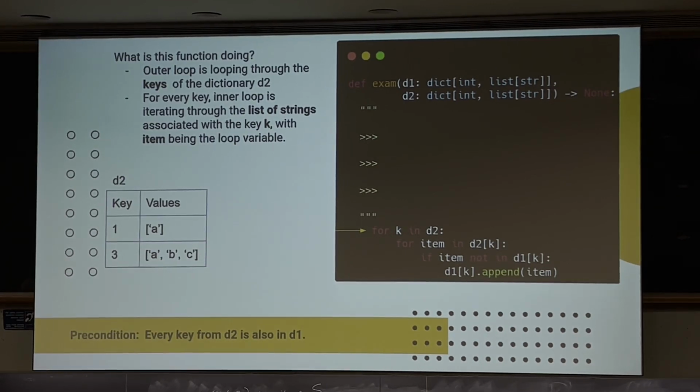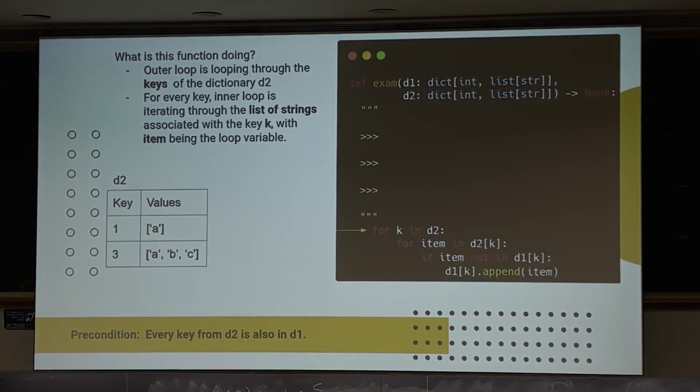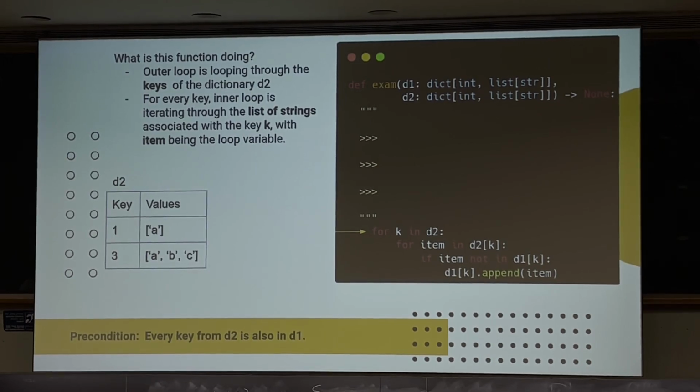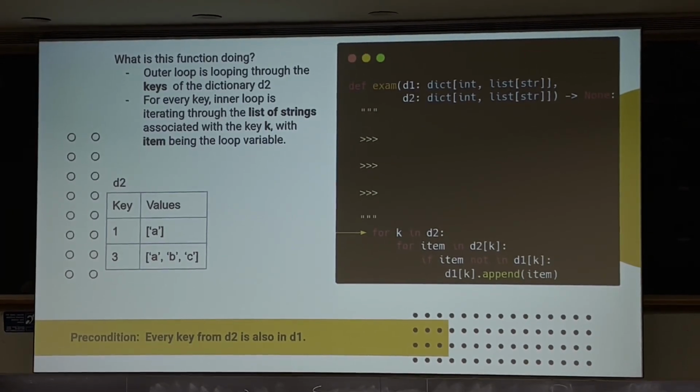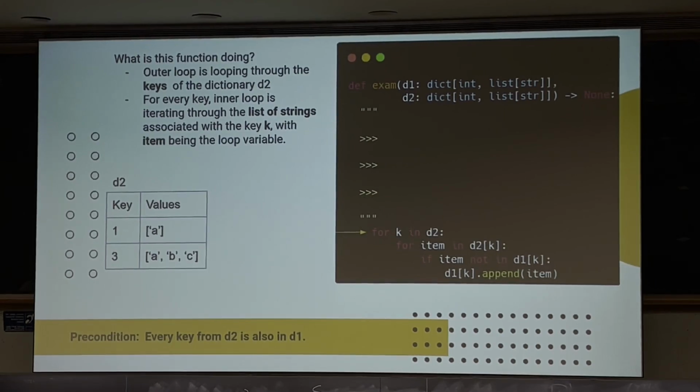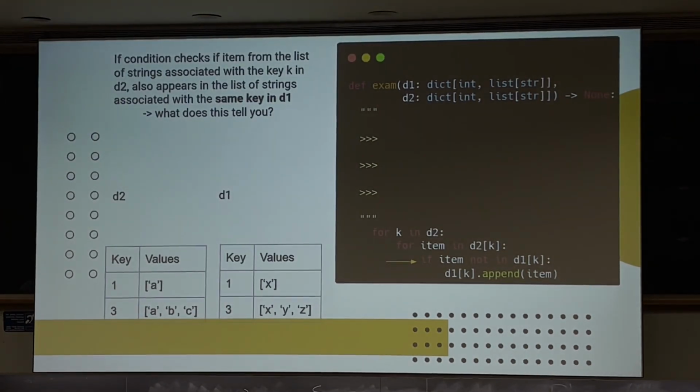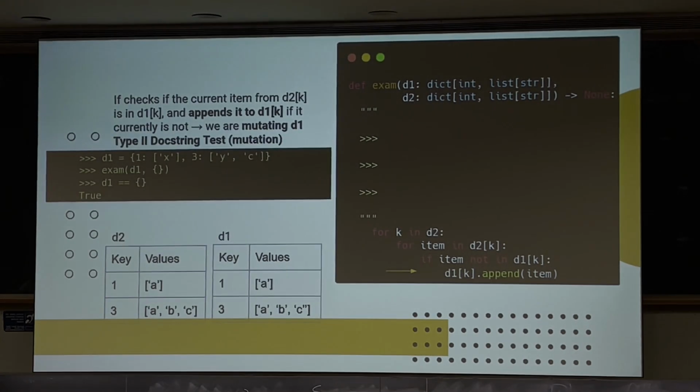And then if the item isn't in our D1 for that given key, then we have to append our item to D1 for that given key. This is just more explanation on exactly what it does. It's a pretty straightforward function.